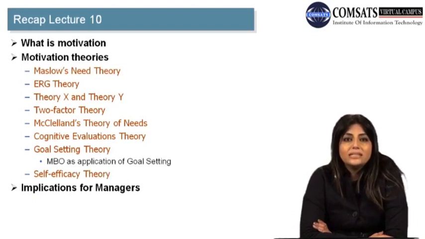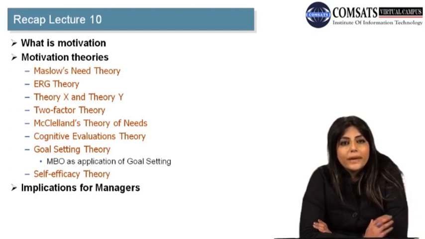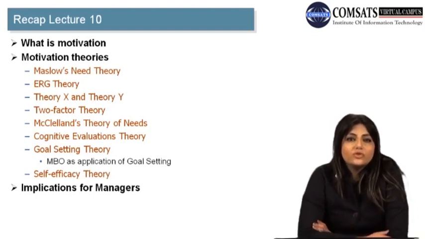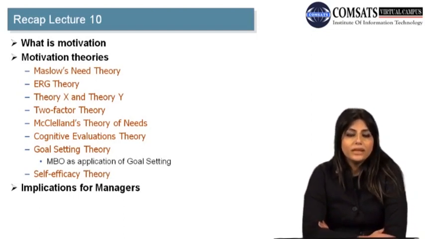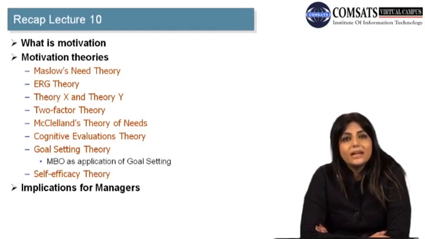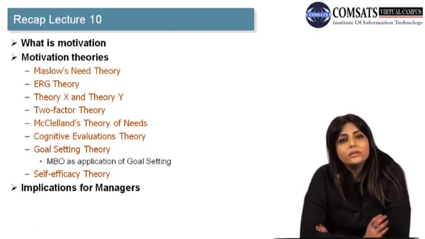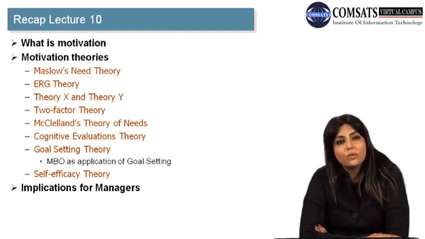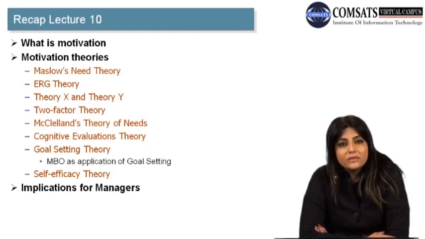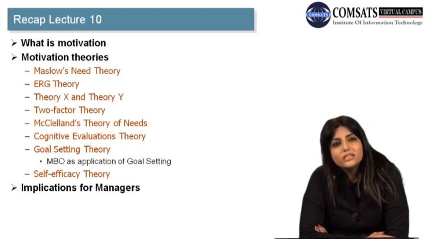The theory says that unless the very basic needs of the individuals are fulfilled, which give rise to the other social needs, such as the need for affiliation and attachment with others, the individual does not care about the social needs. When social needs are fulfilled, then the individual thinks about the esteem needs, such as the need for recognition. And when the esteem needs are met, only then the individual thinks about the need for self-actualization.